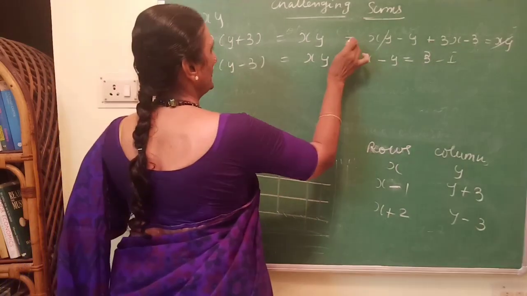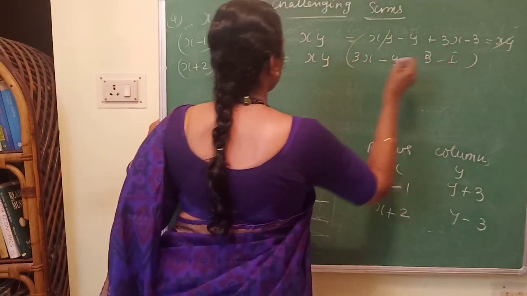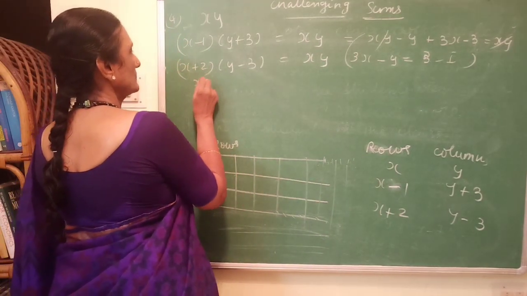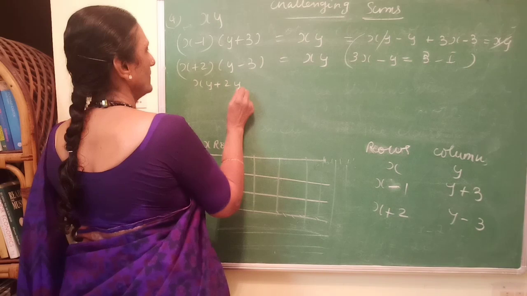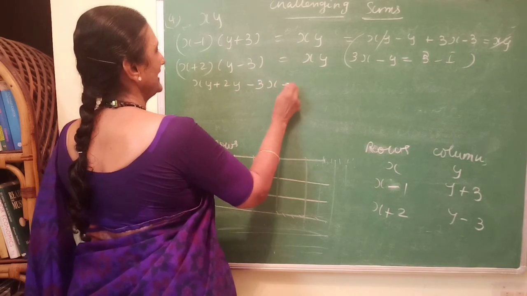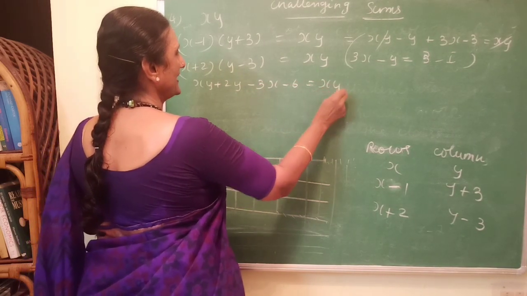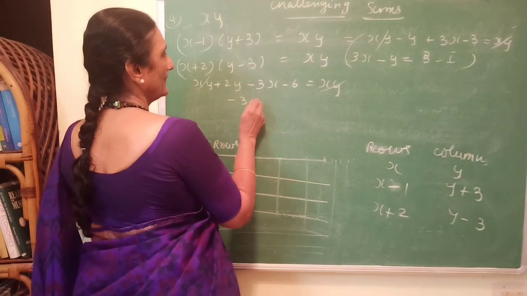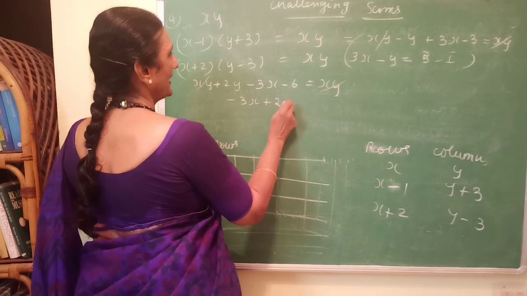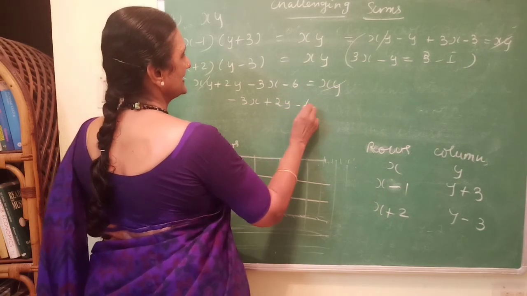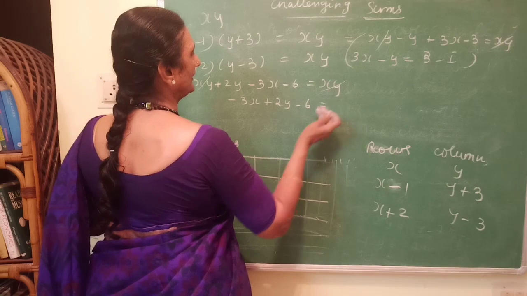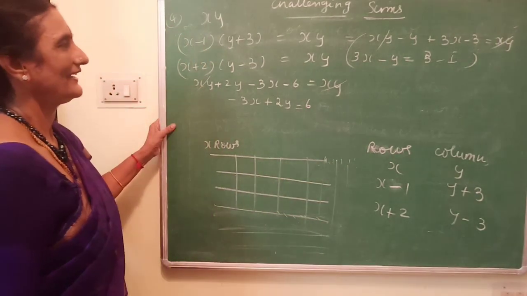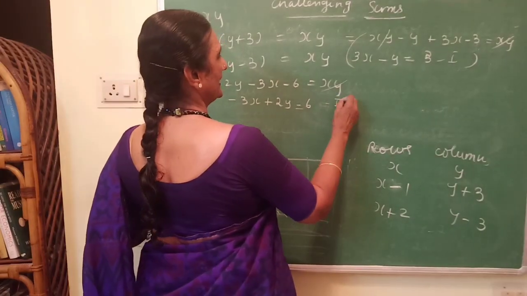Now for the second equation we have got xy plus 2y minus 3x minus 6 equals xy. Again xy cancels. You will get minus 3x plus 2y minus 6 equals 0, or when transposed that becomes plus 6.